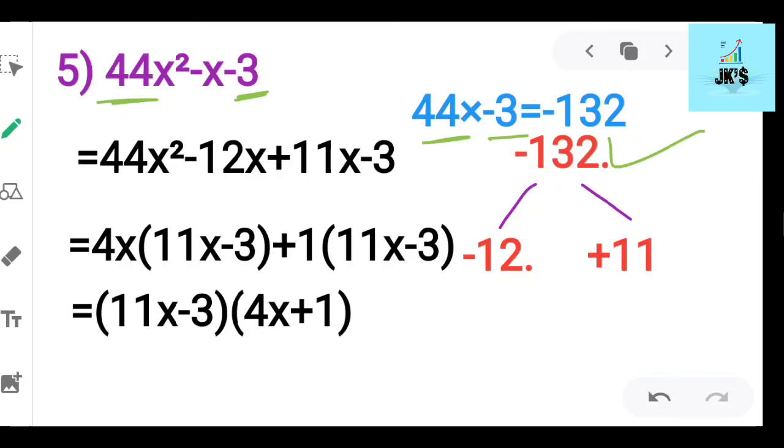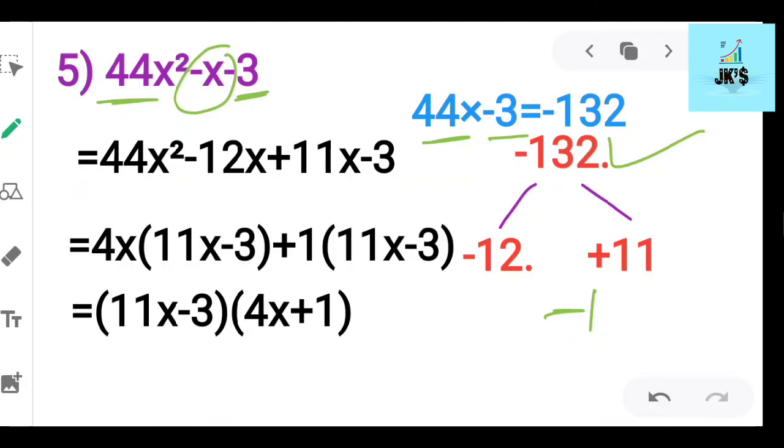The sign of the last term is minus, meaning negative. So we subtract the factors, and the subtraction of these two factors equals the coefficient of the middle term, that is minus x, meaning minus 1. So the subtraction of these two factors is equal to minus 1, and the product is minus 132.